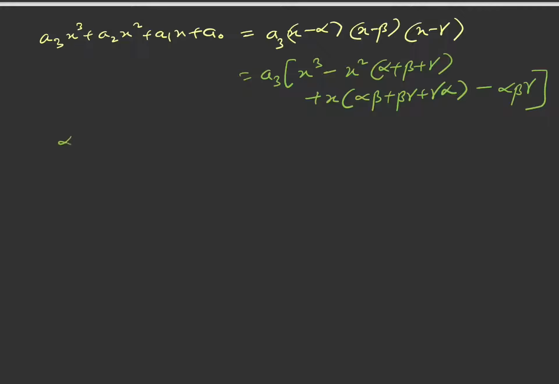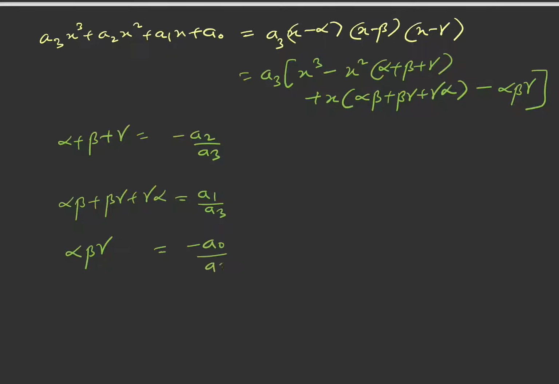Now again if you compare the coefficients, you will find that alpha plus beta plus gamma is minus a2 by a3, alpha beta plus beta gamma plus gamma alpha is a1 by a3, and alpha beta gamma is minus a0 by a3.